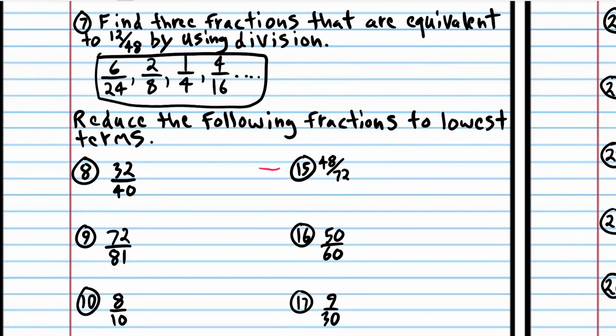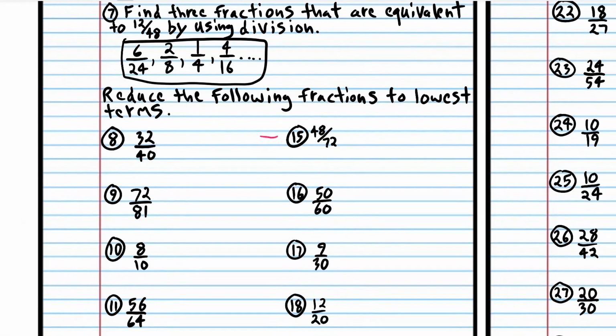All right, so those are some practice problems. We've learned what fractions are. We learned that the top number is called the numerator, the bottom number is called the denominator. We learned how to find equivalent fractions using the fundamental principle of fractions.